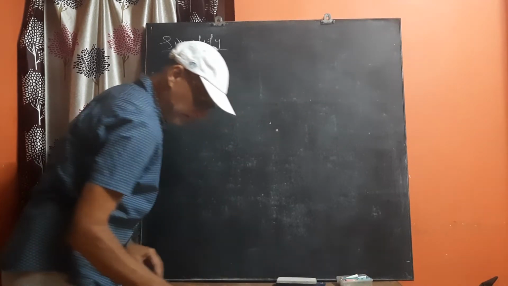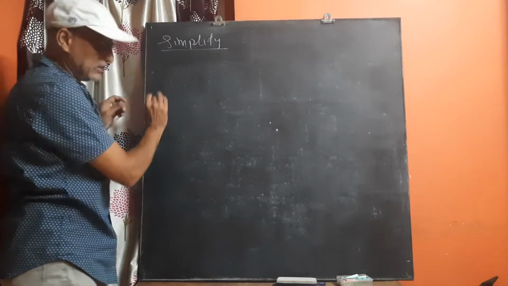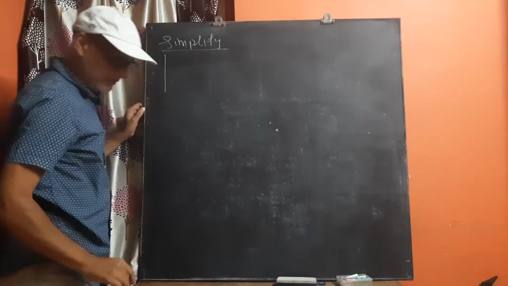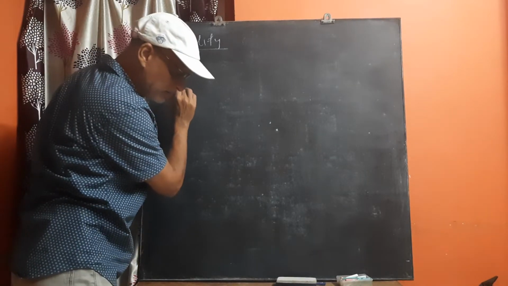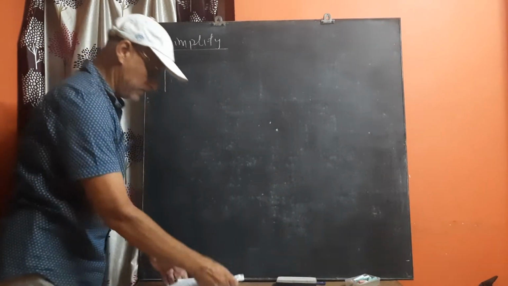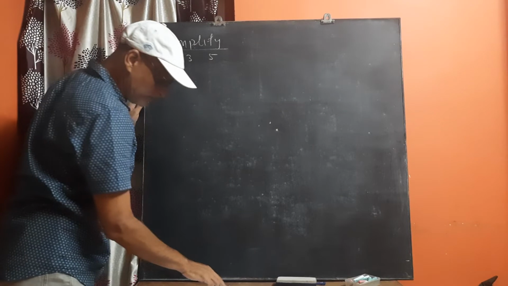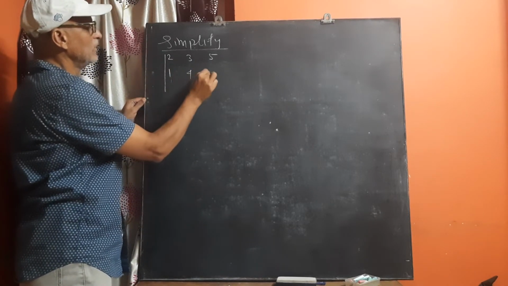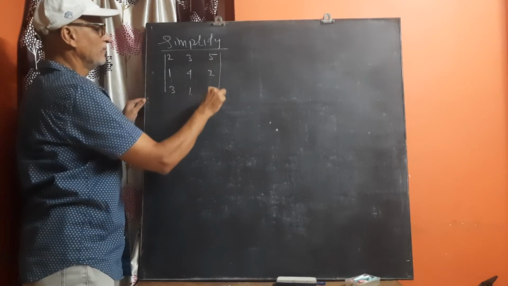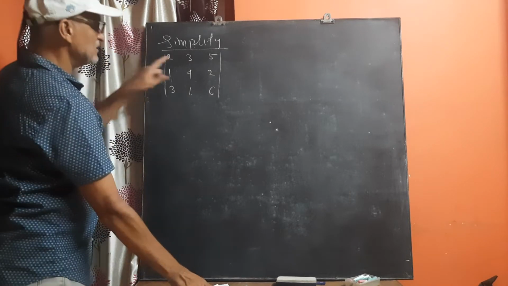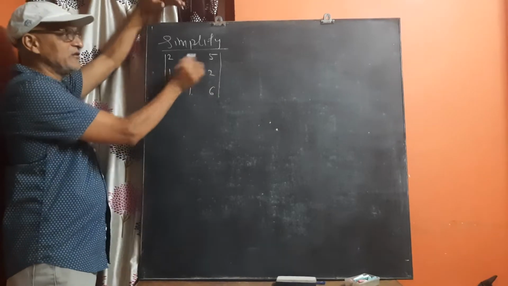Let us start with this simple one. Determinant of 2, 3, 5, then 1, 4, 2 and 3, 1, 6. Since this is the first problem, I have considered the determinant with all positive elements. Now the simplification of this determinant.